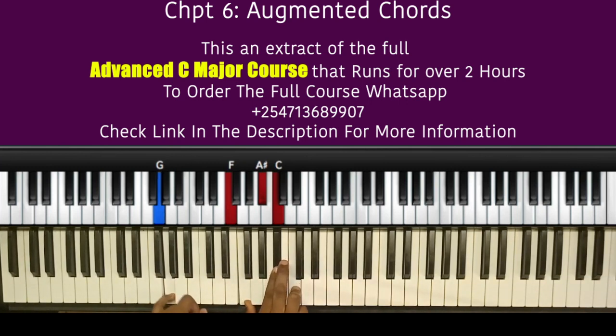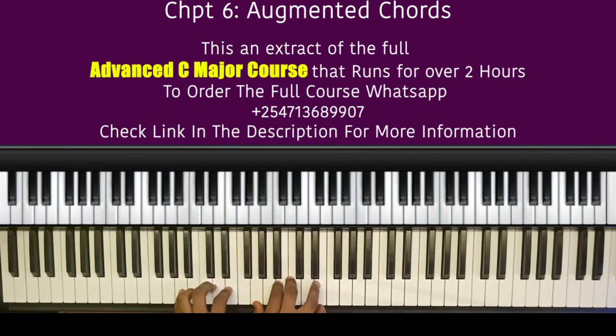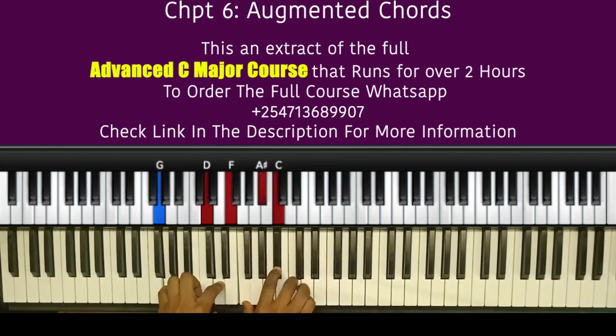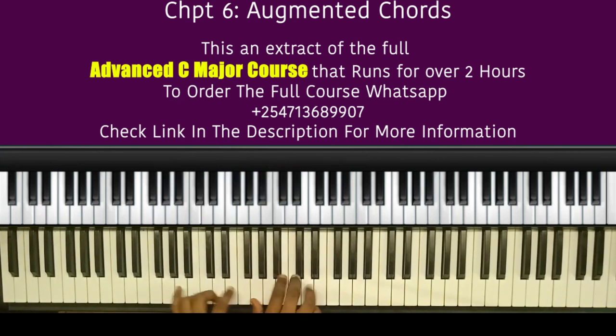So that 5, you have G and D on your left hand, then you have F, B flat, and C on your right hand. So you have your 6, you have your flat 6, then you have your 5. So 6, flat 6.